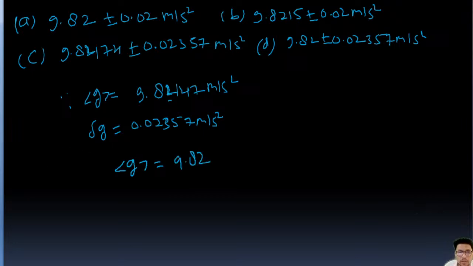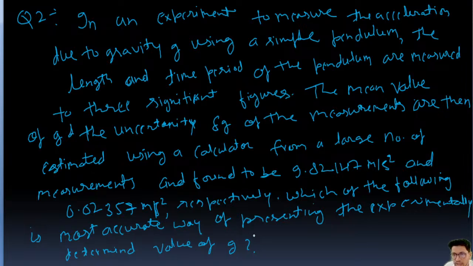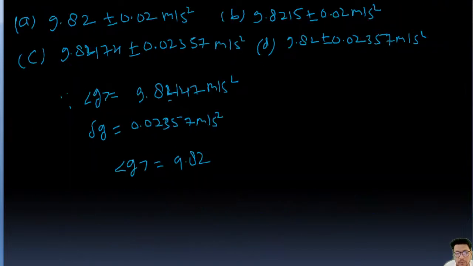Now what is the question asking? It is asking for the most accurate way of presenting the experimentally determined value of g. So the most accurate way is that g we will take in three significant figures, and the uncertainty delta g we will write as it is.